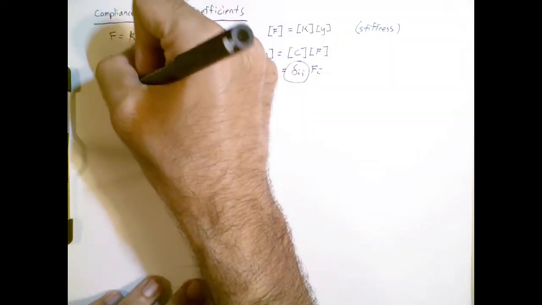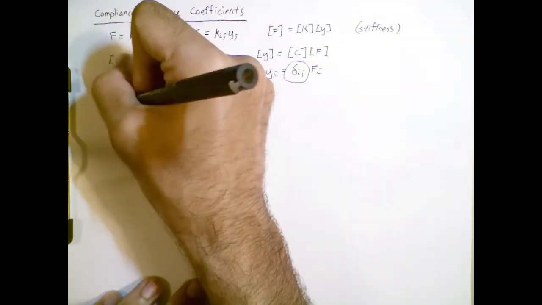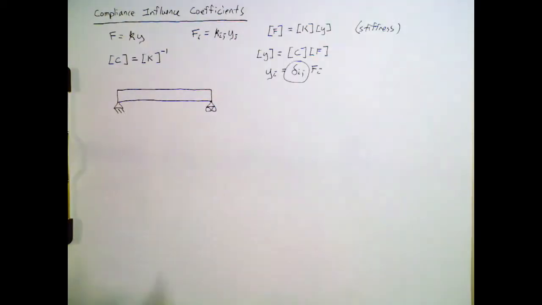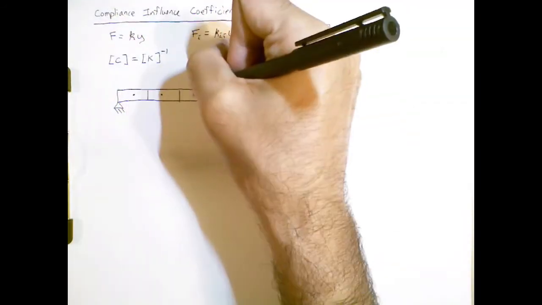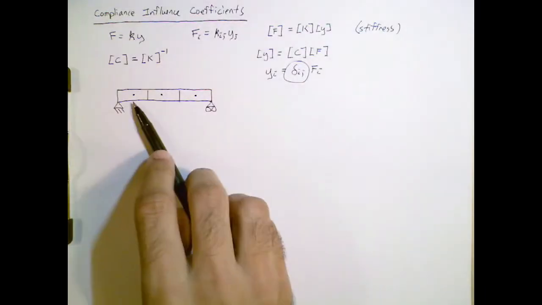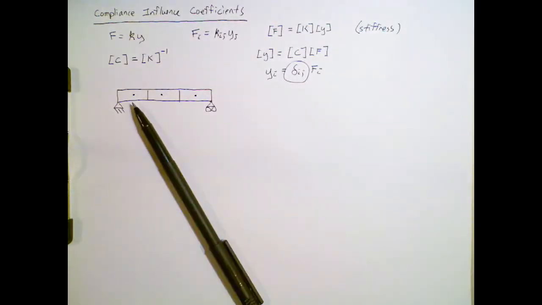So let's suppose we have a simply supported shaft. This one I'm going to divide just into 3 segments. At the centroid of each of these segments is where we're going to consider the forces applied and also where we track the displacements. So that's where the coordinate is for each one of these segments.